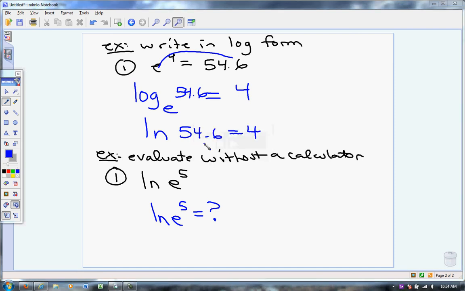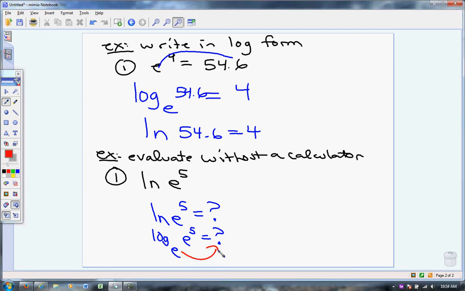Once you get it set up this way, then all we have to do is say, okay, this is log base e of e to the fifth equals what? And then we just do the switcheroo. All right, we start here and we work around.